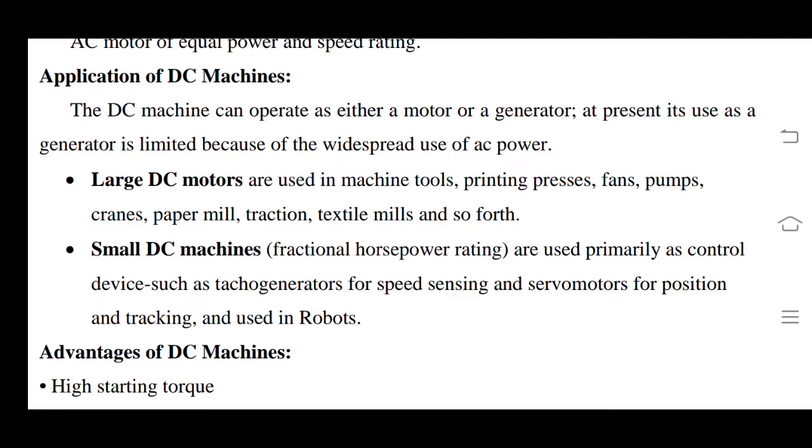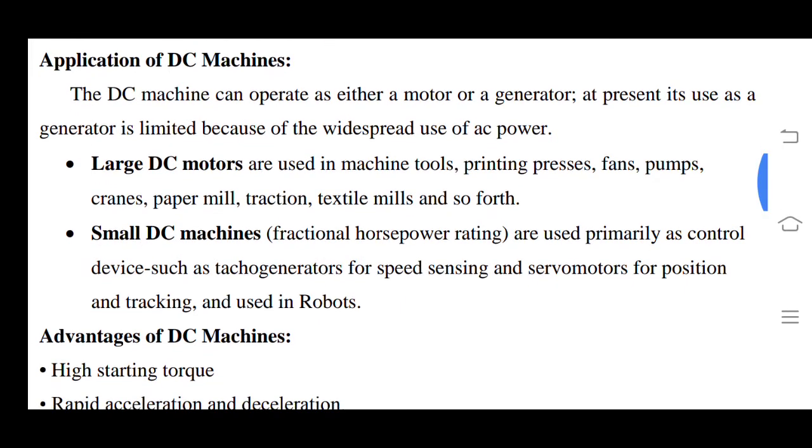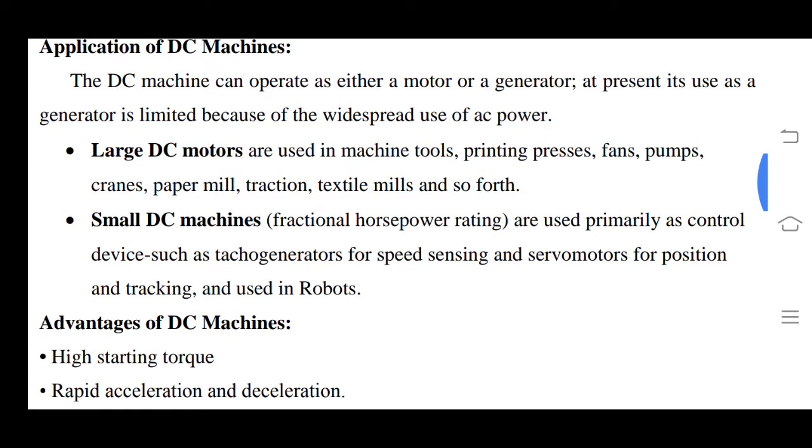DC generators are rarely used because of commutation failures. Large DC motors are used in machine tools, printing presses, fans, pumps, cranes, paper mills, traction, textile mills, and so forth.